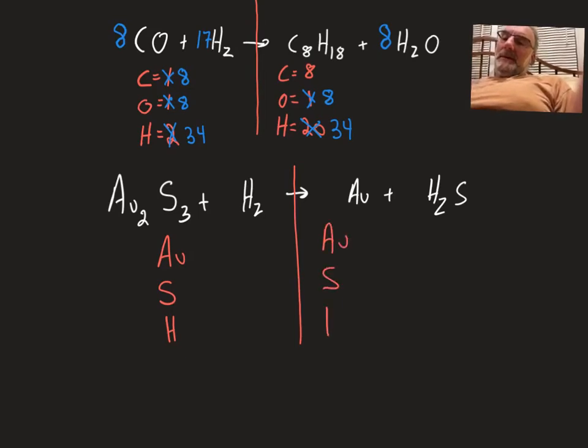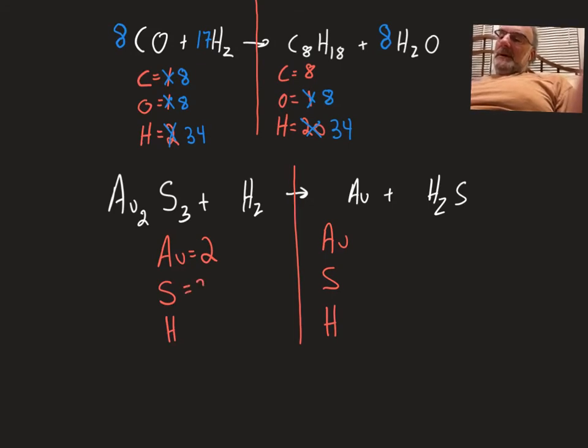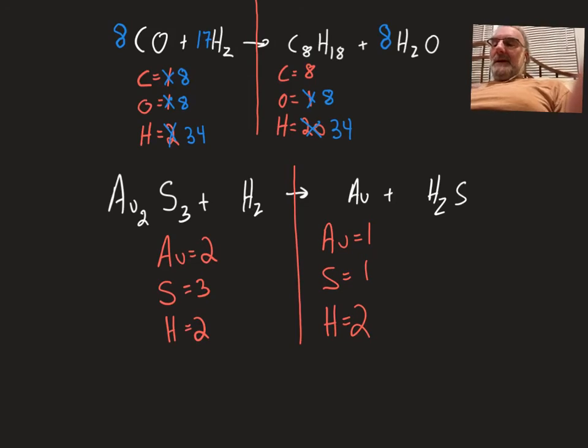On the reactant side, I have 2 golds, I have 3 sulfurs, and I have 2 hydrogens. On the product side, I have 1 gold, I have 1 sulfur, and I have 2 hydrogens. Looks like I've got a little bit of work to do.